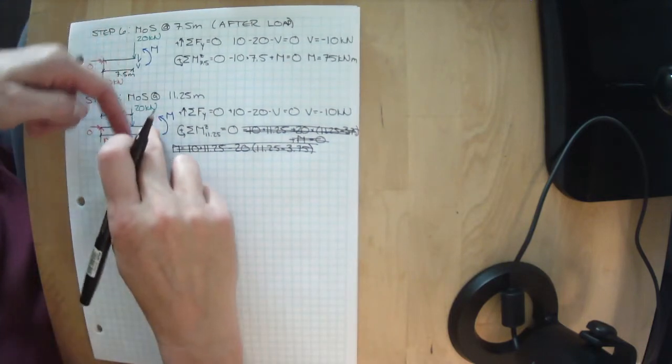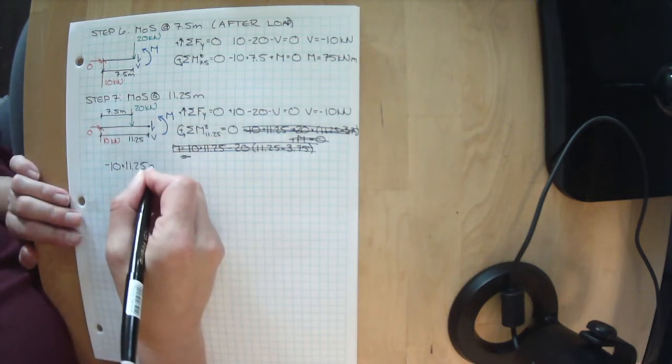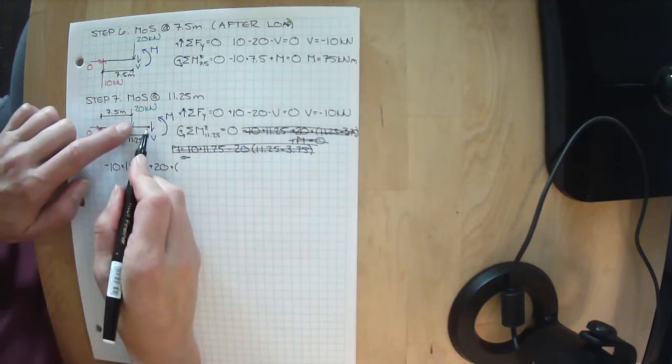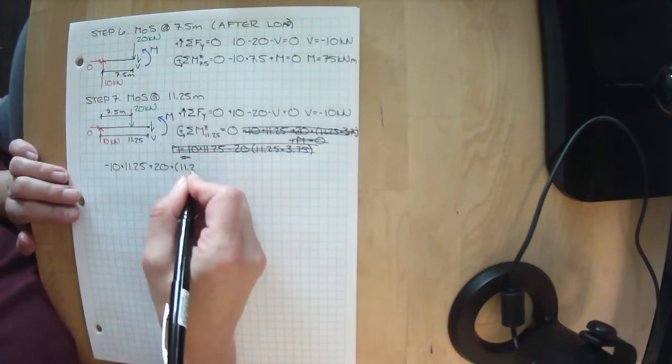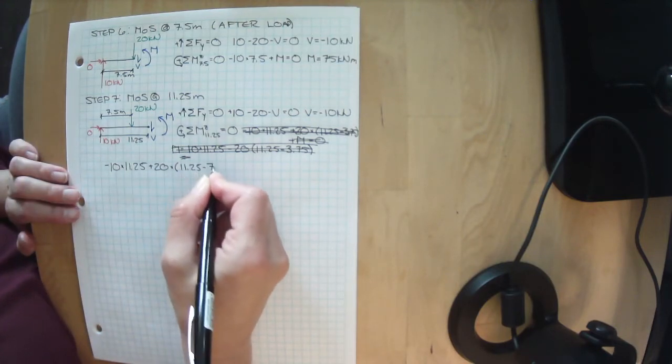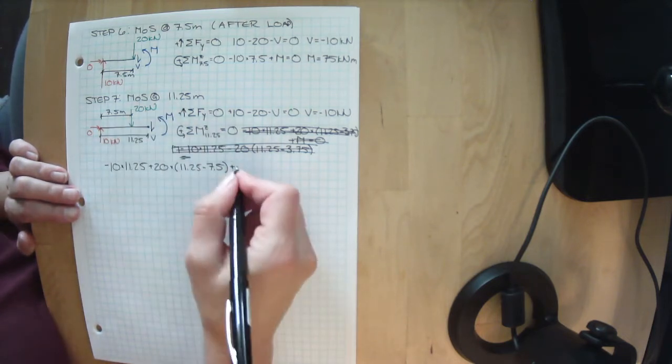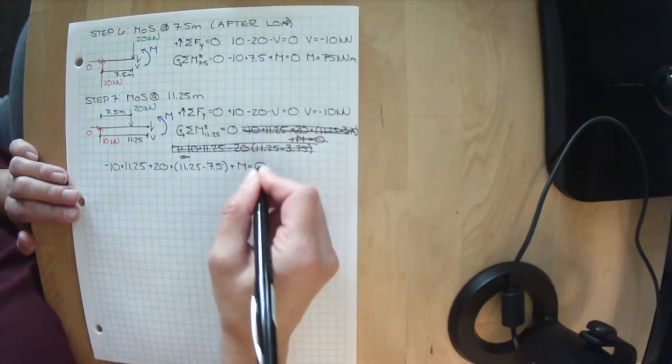We have 20 kilonewtons spinning it in this direction, which is positive. And it is this distance away, which is 11.25 minus 7.5 meters away, plus our moment equals 0.